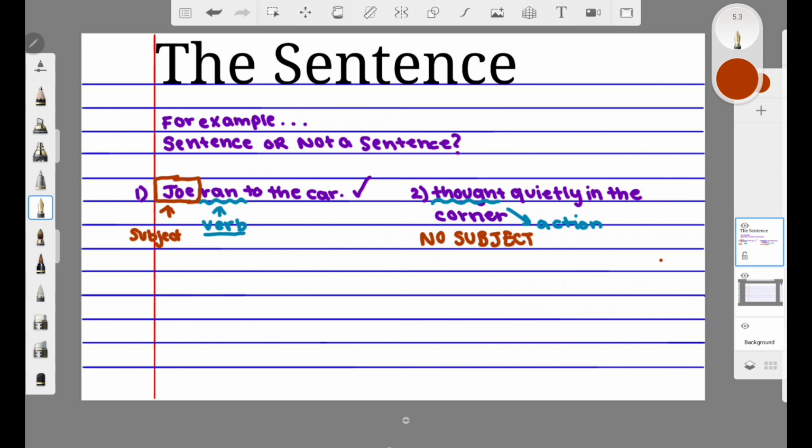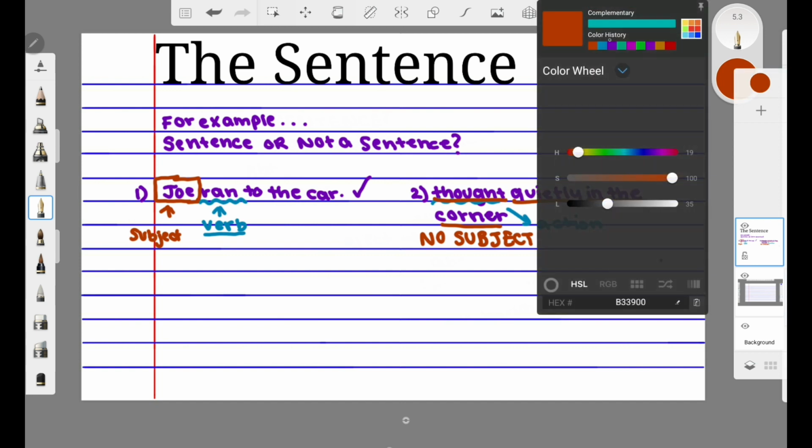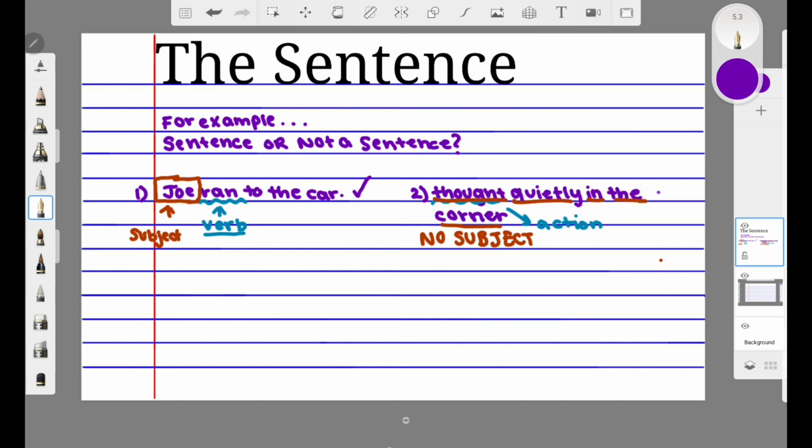If we were to ask, who or what is the sentence about? It's not about the corner. It's not about a thought or quietly or in or the. We don't know what the sentence is about because there is no subject. And since there's no subject, that means that this is not a sentence.